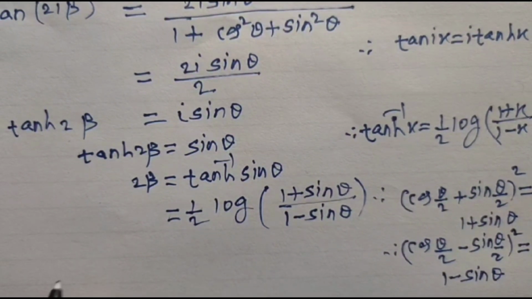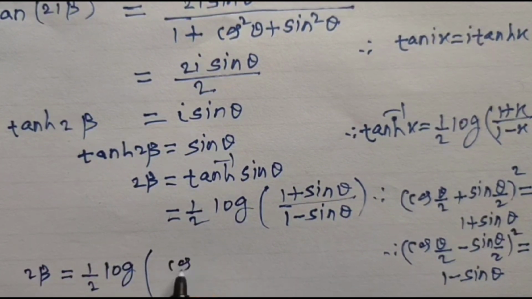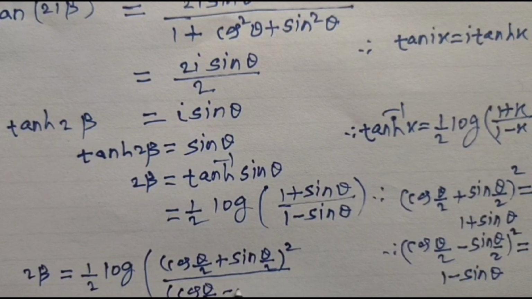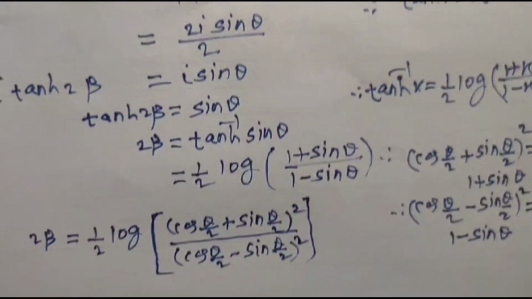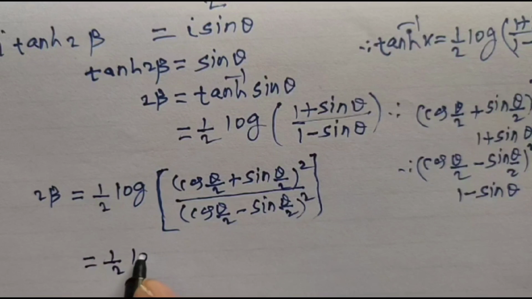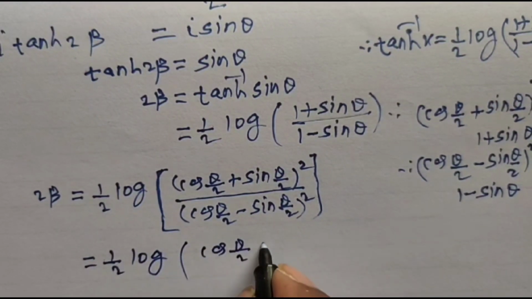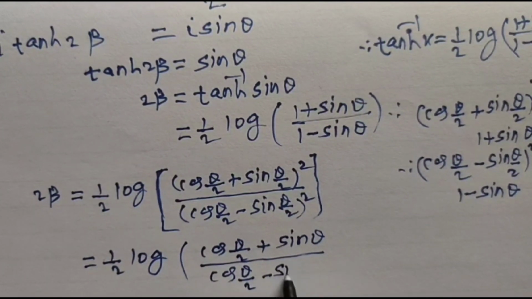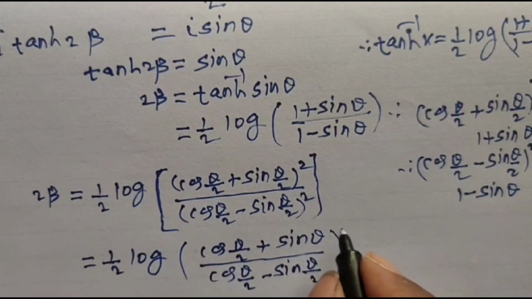Okay, so we can write 2 beta is equal to 1 upon 2 logarithm of cos theta upon 2 plus sin theta upon 2, its square, divided by cos theta upon 2 minus sin theta upon 2, its square.